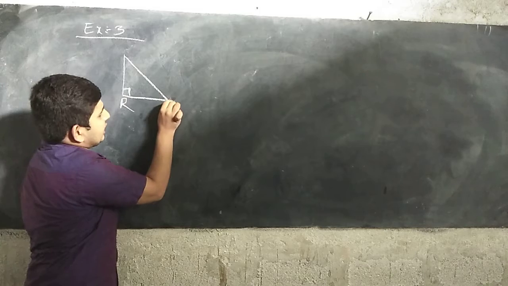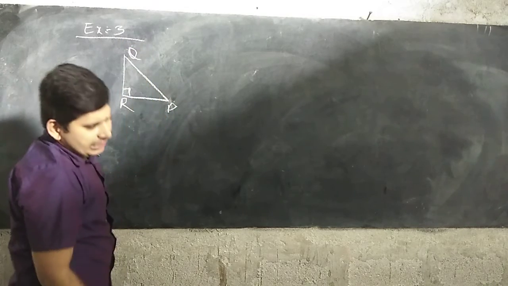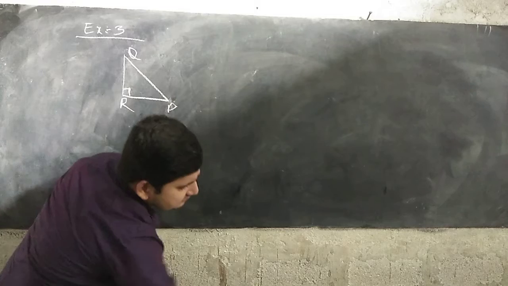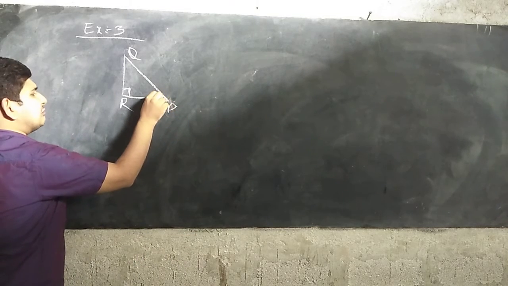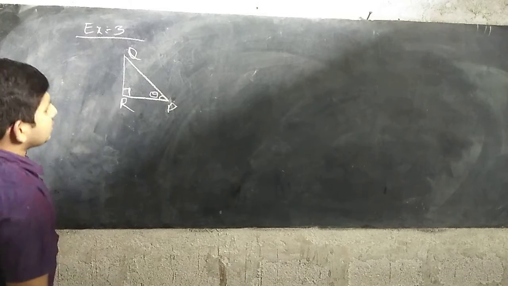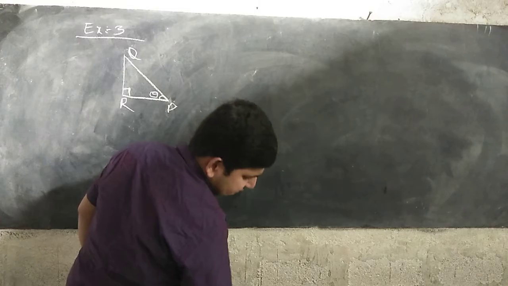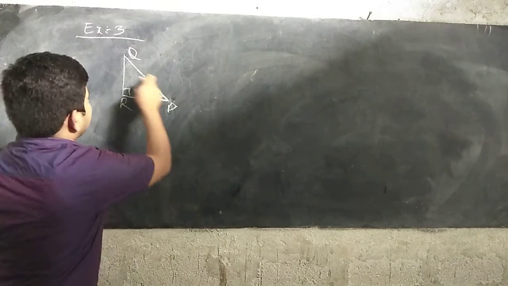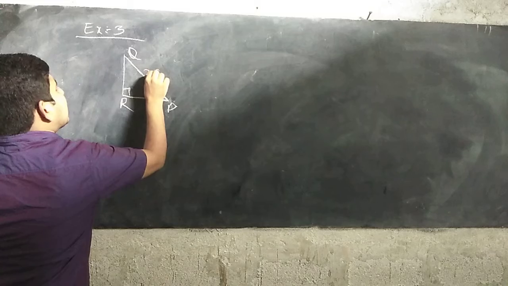Now angle PQR equal to theta. PQ equal to what? 29 units. PQ means hypotenuse, so this is 29 units.